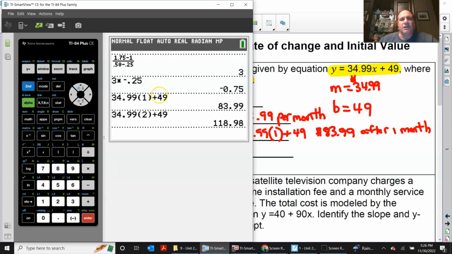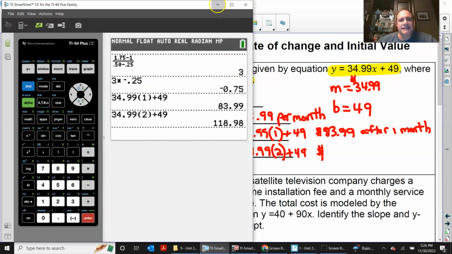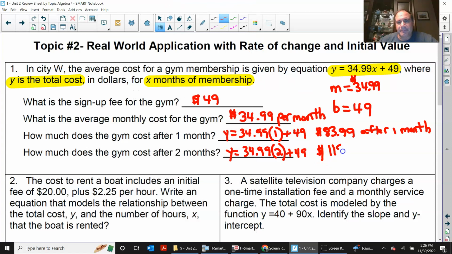And after that, $118.98. So I'm going to put that down: $34.99 times 2 plus 49 is $118.98. And that's after 2 months.